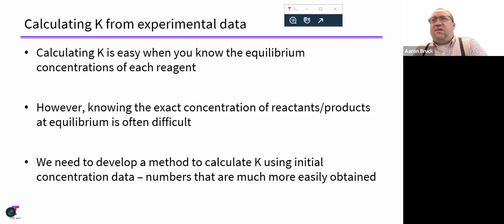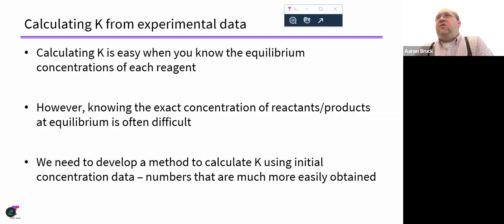We created a complex ion, and we were able to monitor the initial concentrations of each reactant and then use spectroscopy to figure out the concentration of the product and work our way through the equilibrium conditions that way.